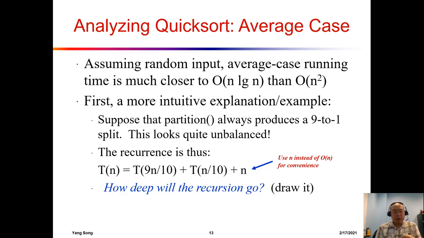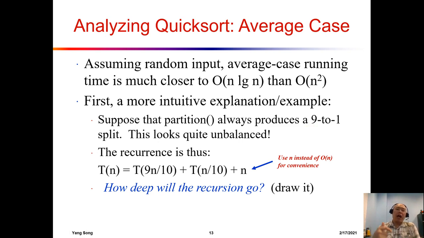Here is my idea. Suppose we have a bad partition every time. It's a bad partition, but it's not really the worst partition. Let's assume that for each partition, we are having a 90% to 10% split.